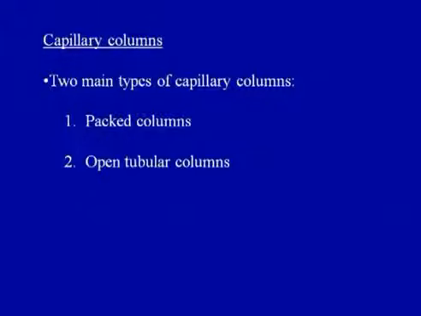Packed columns are very commonly used, but then there are capillary columns, which are different from packed columns. They have an internal diameter of 1 millimeter or less, so they are very narrow bore compared to packed columns.